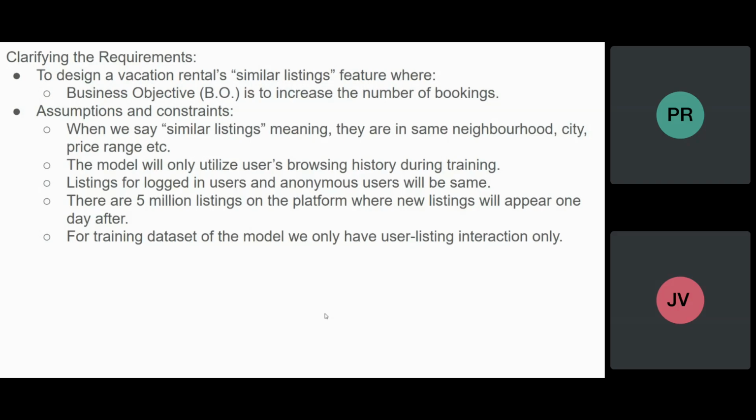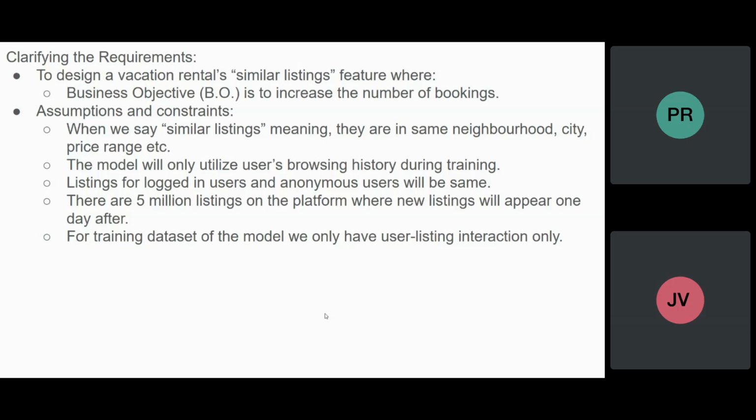When we say similar listings, meaning they are in the same neighborhood, city, price range, etc., the model will only utilize a user's browsing history during training. Then the listing for logged in users and anonymous users will be the same, so we are not going to differentiate between them for the time being.